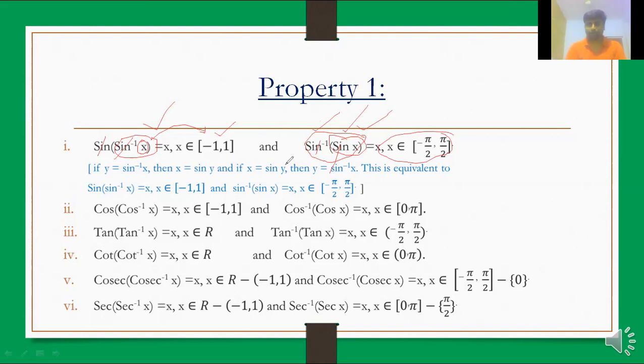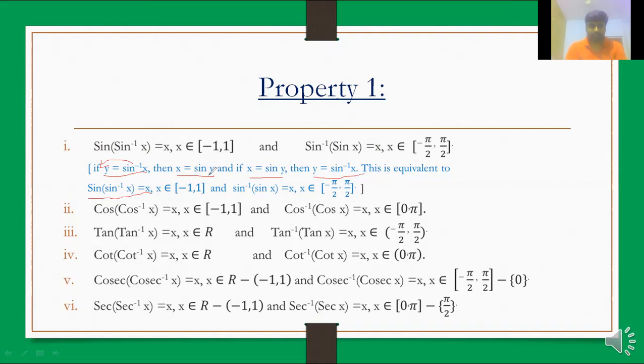So how can we prove this property? Let us take y equal to sine inverse x. Then x equals sine y, because sine inverse moves across. Now whenever x equals sine y, can I write y equals sine inverse x? Correct. So this is equivalent to sine of sine inverse x equals x.